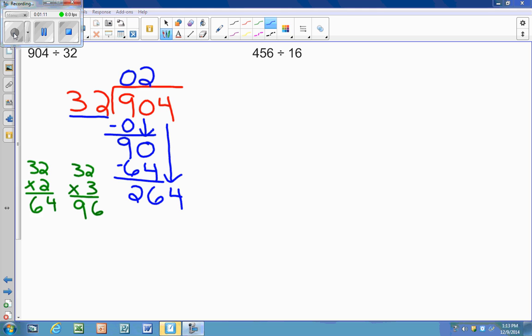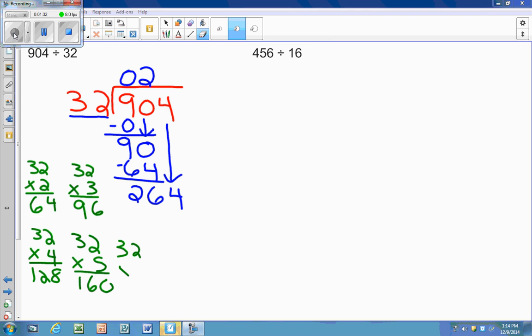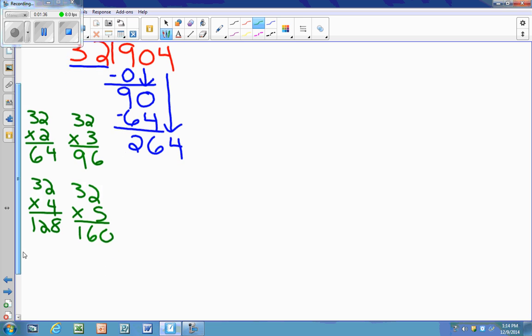And now I'm not sure how many times 32 can go into 264, so I do some more math on the side. I just keep doing my multiples. Move this farther down because I'll need that space.